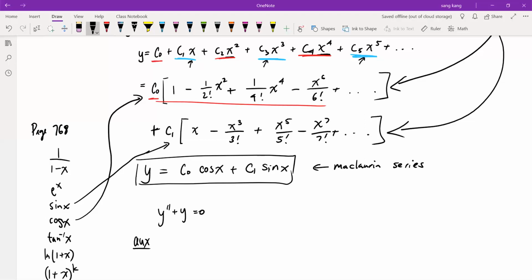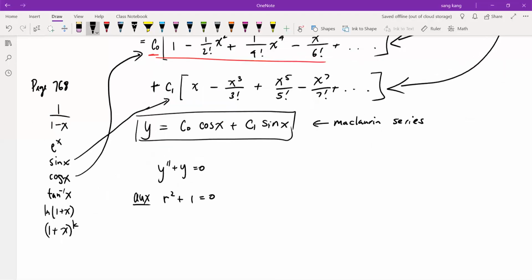So this would be r squared plus 1 equals 0. Remember, this is a second order homogeneous equation. And we did that through the auxiliary equation. So r squared equals -1. Therefore, r is equal to plus or minus i, right?